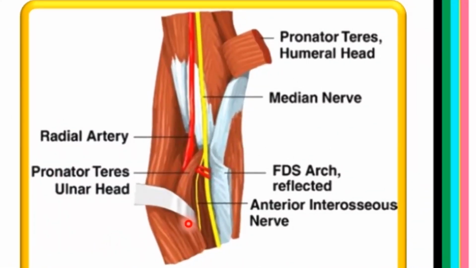Here again is the deep head of pronator teres, and this is the superficial head or the humeral head. Now, at this point of the deep head, we see the anterior interosseous nerve being given off from its main branch, the median nerve. And this point is a potential point for entrapment of this nerve.